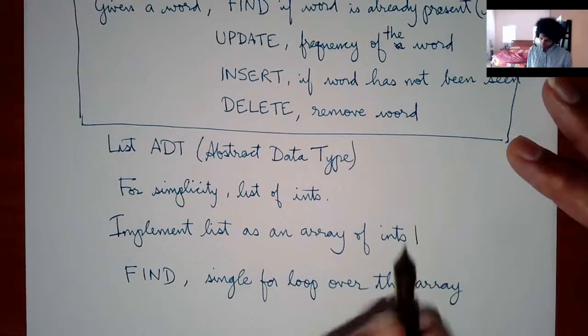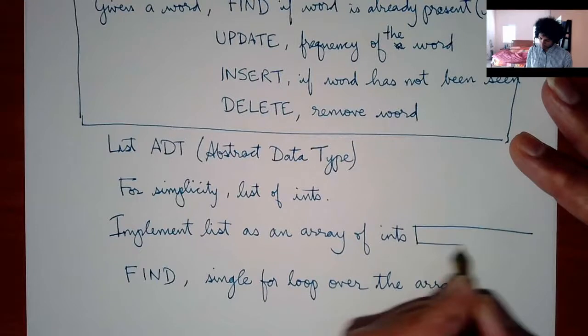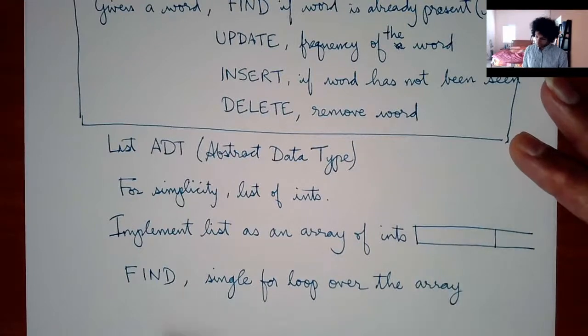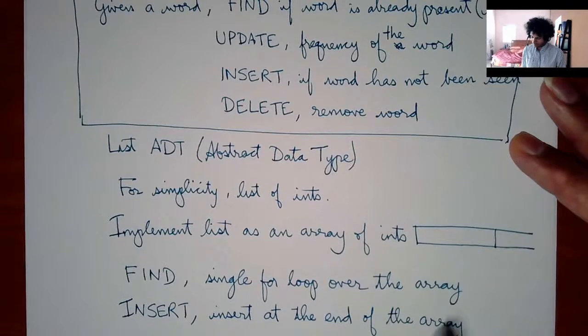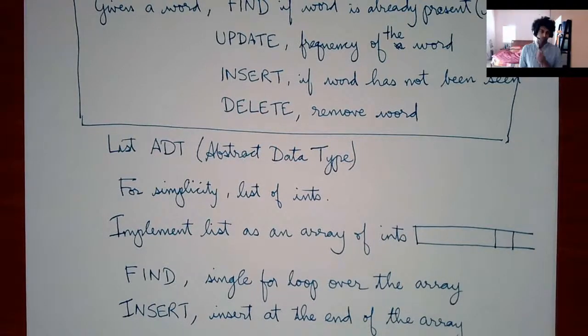So you store it as an array. To insert, you could just insert at the end of the array. Right? If you need to insert a new number here, you could just go ahead and insert at that point.